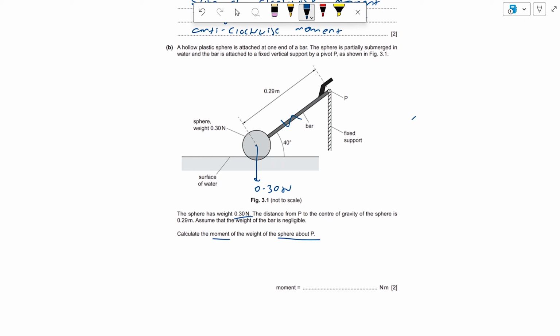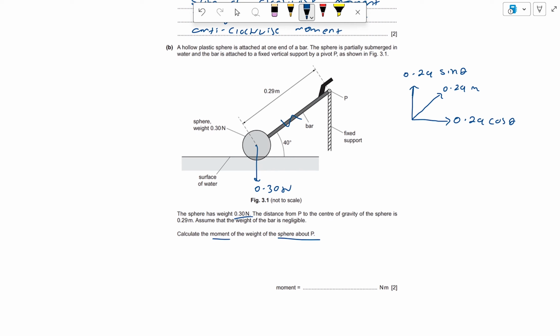So we have our bar, which is 0.29 meters. Resolving it gives us a vertical component and a horizontal component. Our horizontal component is going to be 0.29 cos theta, and the vertical is 0.29 sine theta.